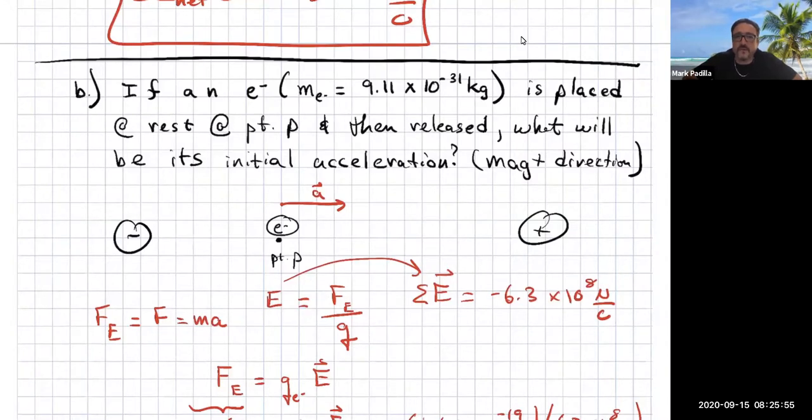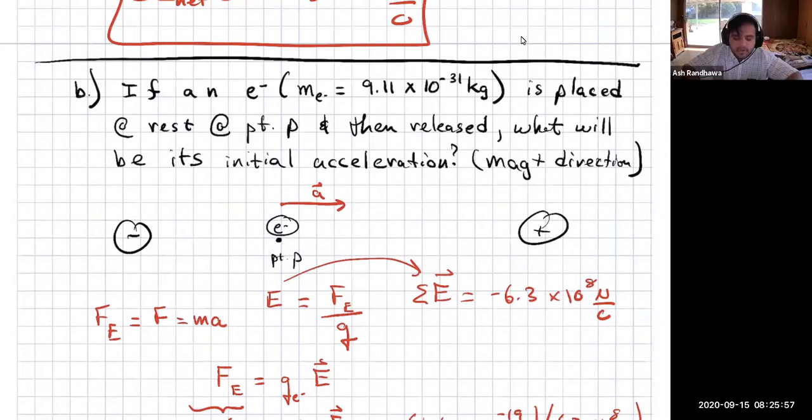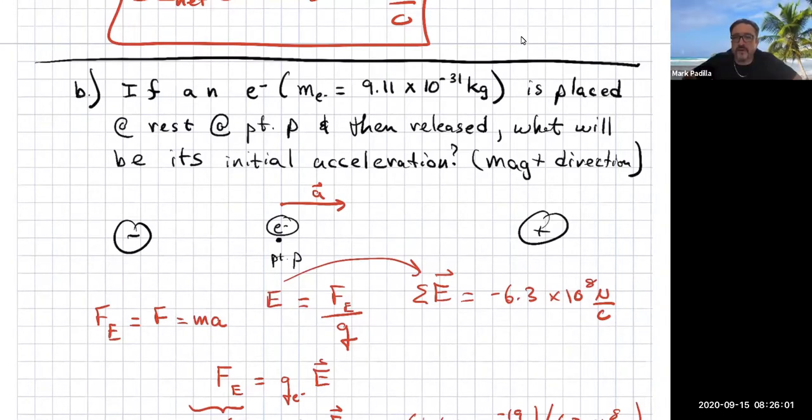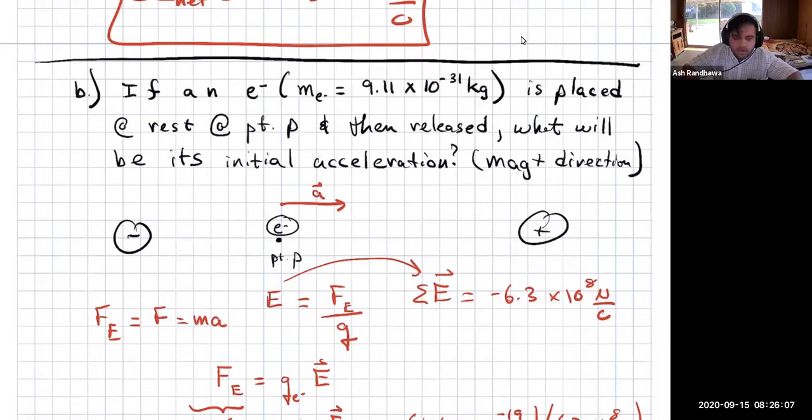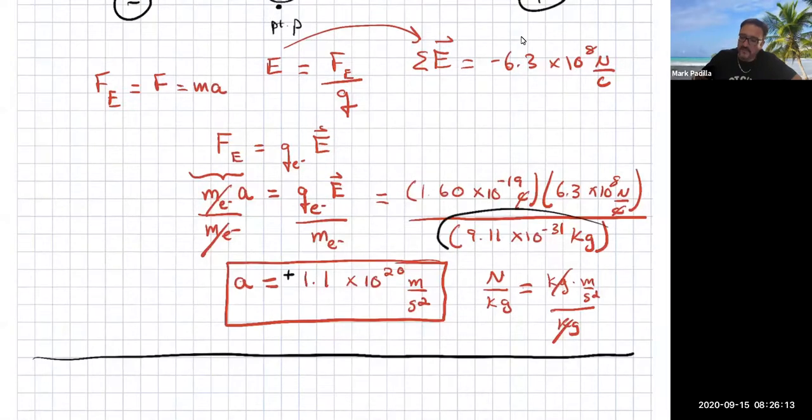Which way would the proton accelerate? To the left, because it's positively charged. Would the proton's acceleration be as great as the electron's acceleration? No, it would not. Why not? It has a bigger mass. Because the mass of the proton would be greater, so that would be a smaller acceleration.